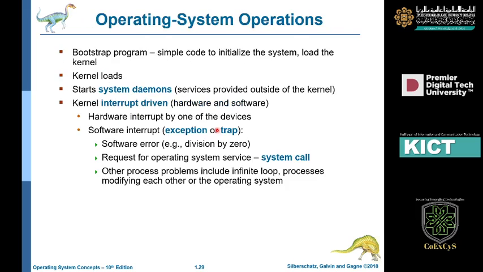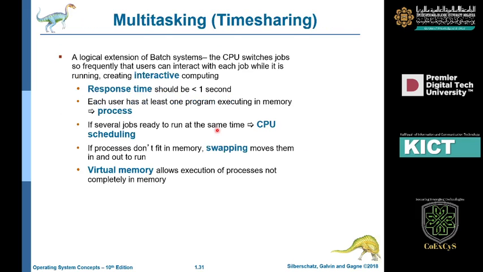There's also the idea that computers are multitasking, which is basically an extension of batch systems that switch jobs so frequently that it feels like all processes are running at the same time.